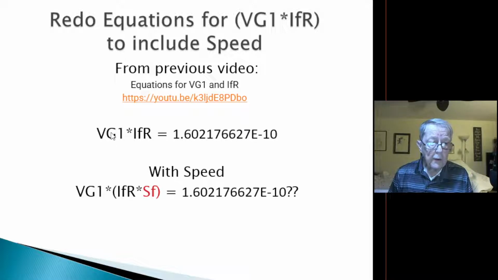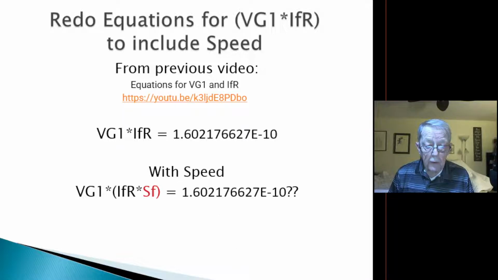So if I increase VG1, I have to decrease IFR and vice versa. And I used this throughout the calculations when I made the projections. The problem was it was done without speed. So now I'm going to add speed in, and I don't know how this is going to play out, but I'm guessing that this number is going to change. So I'm going to make one shot at changing it.